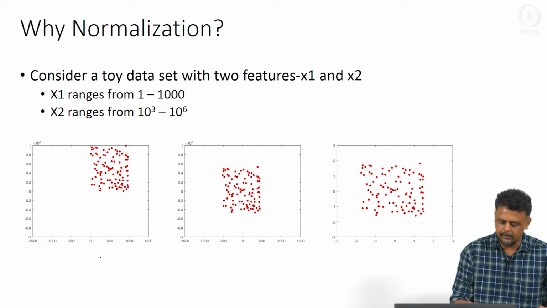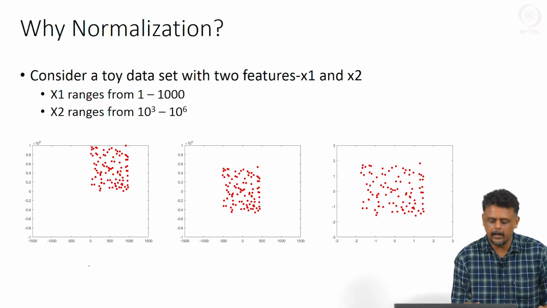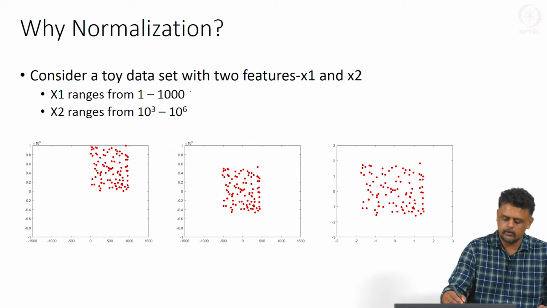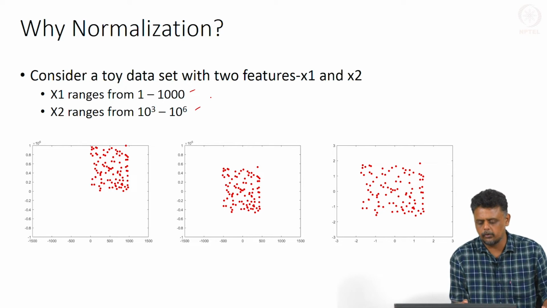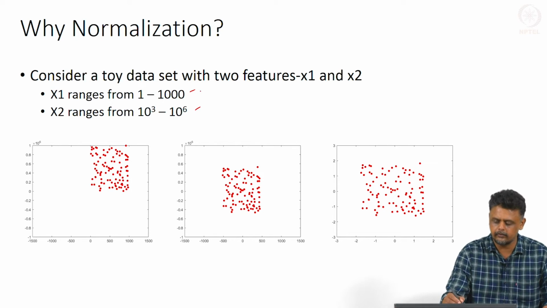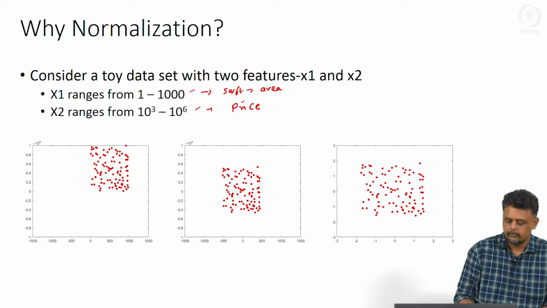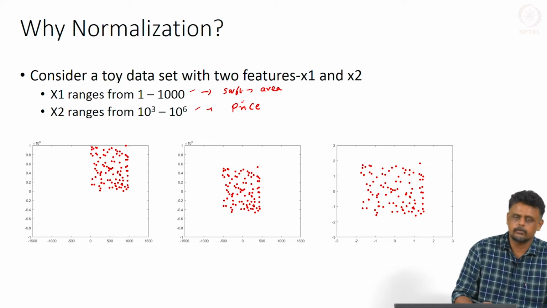I am considering two features, x 1 and x 2. x 1 ranges from 1 to 1000 and x 2 ranges from 10 raised to 3 to 10 raised to 6. For a concrete example, think of x 1 as the area of some living space, an apartment or plot of land, and x 2 as its price, in rupees or whatever currency you choose.